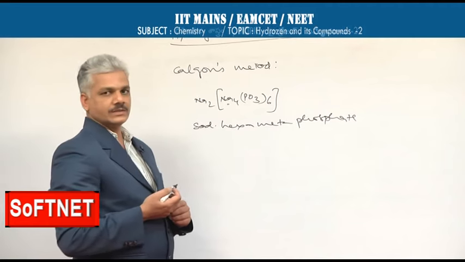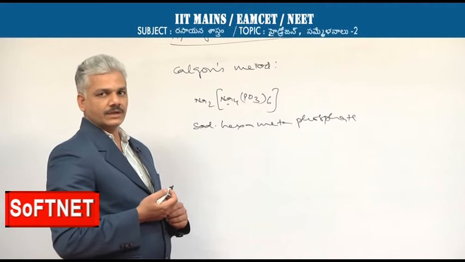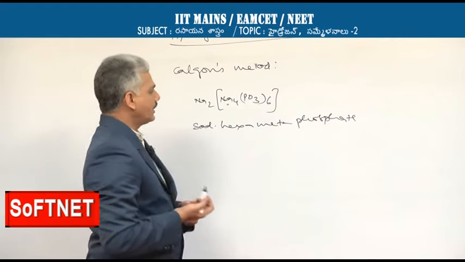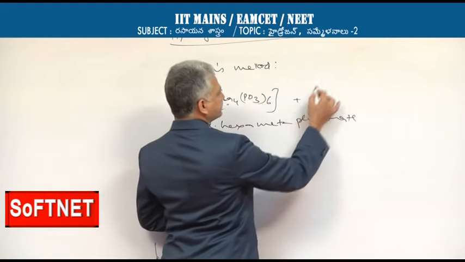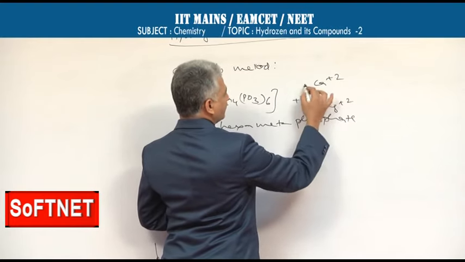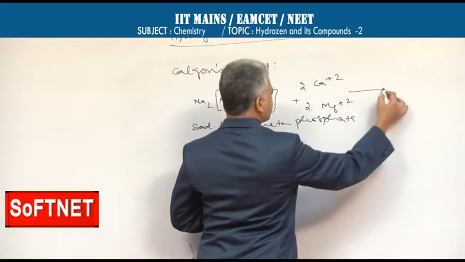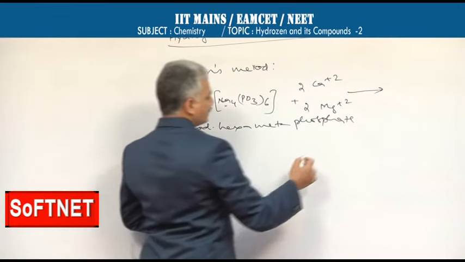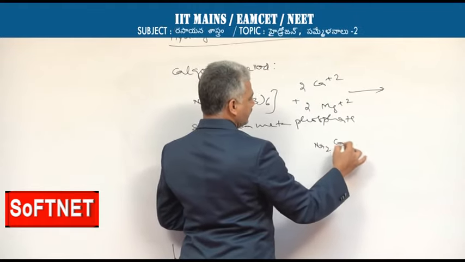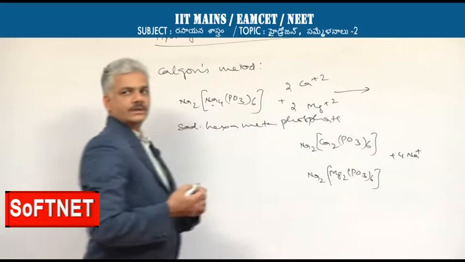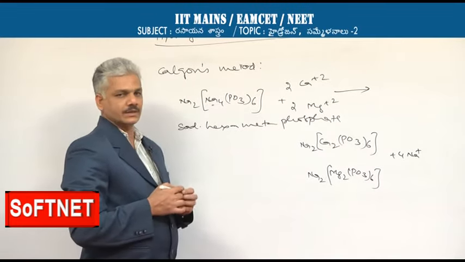This method is suitable for the removal of hardness of limited quantities of water, and the reactions involved are: Calgon can interact with 2 moles of hardness causing ions and converts them into soluble complexes. In this way, hardness is removed.